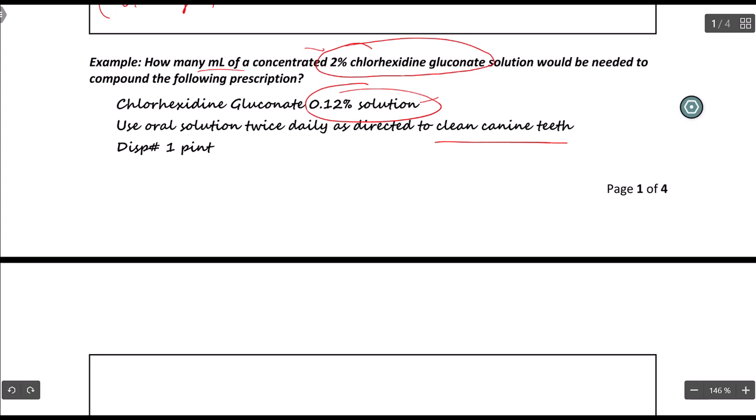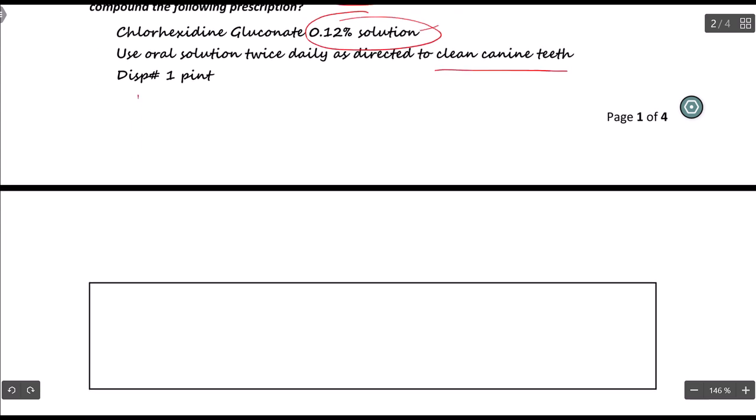So I basically have an empty bottle that I want to make at 0.12%. I have a really concentrated small bottle of 2% chlorhexidine gluconate. The question is asking us, how much of this do I have to put in here, and then QS it with water to 1 pint, right?